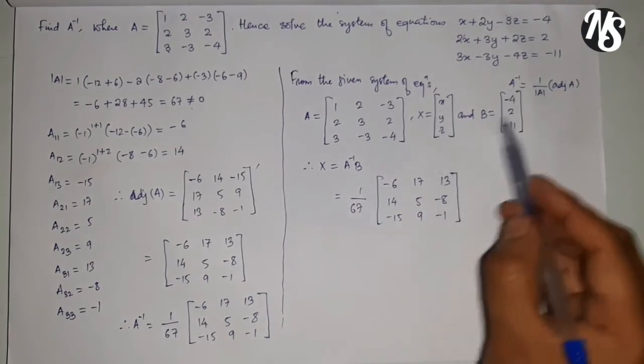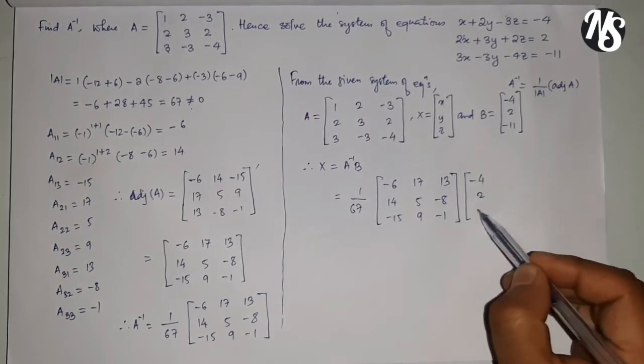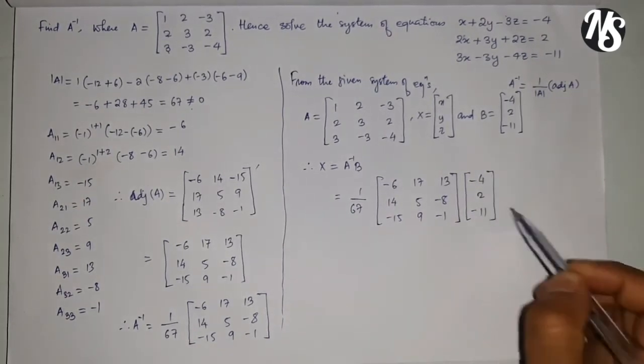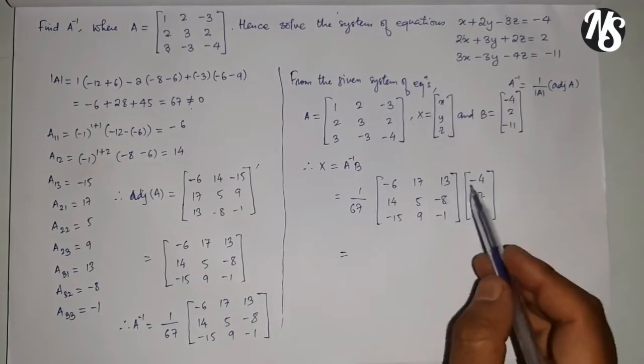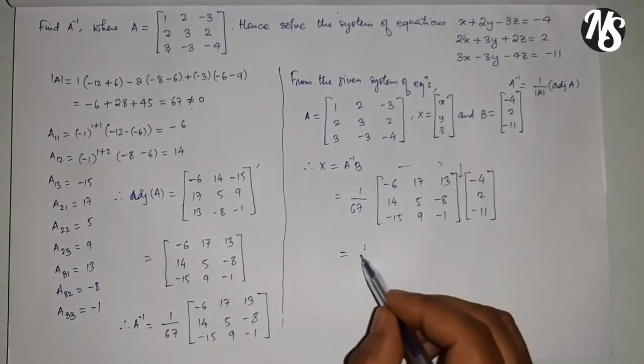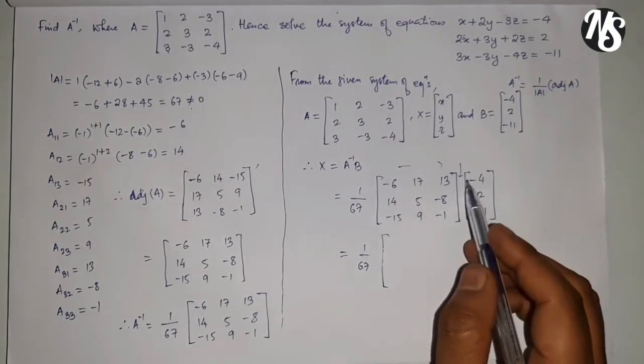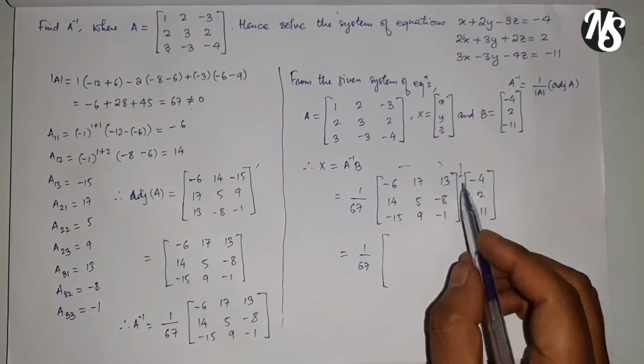So we have B also. B is this matrix, minus 4, 2, minus 11. Next you need to multiply this matrix with this. I'll directly write down your answer. When you multiply all these, it will turn out to be, let me write.